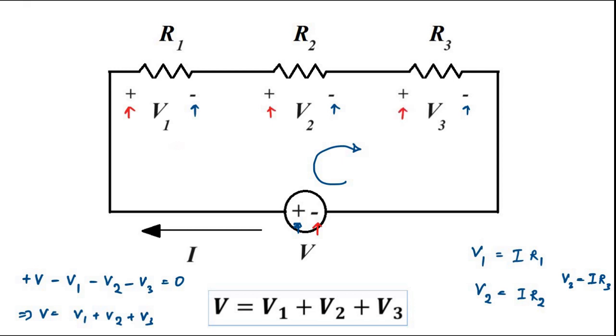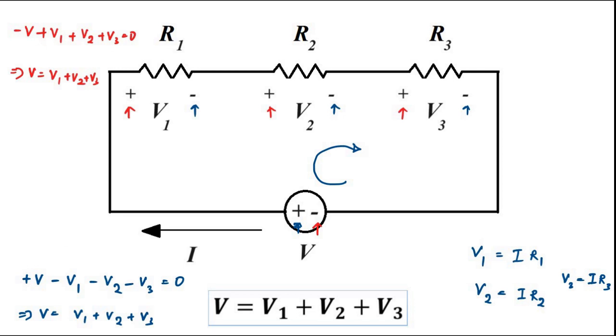So I am writing minus V because the first sign is minus, then plus V1 plus V2 plus V3 is equal to 0. So here also you will get V is equal to V1 plus V2 plus V3. Any way you go, you will get the same result. Also if you do the anti-clockwise thing, you will get the same result.